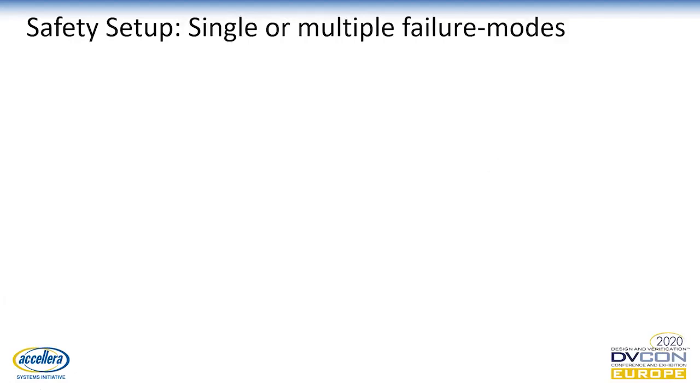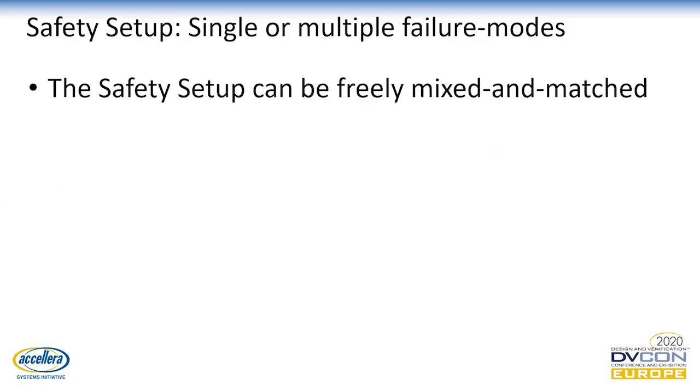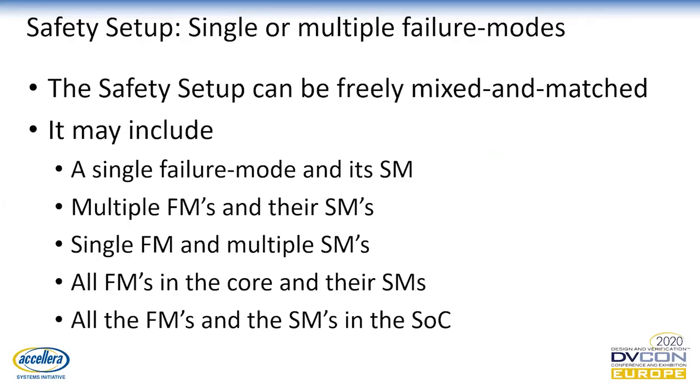The safety setup we saw just now can be more complex. It can be single or multiple failure modes. The safety setup can be freely mixed and matched. It may include one failure mode with many safety mechanisms, multiple FMs with single safety mechanisms, and all FMs in the core and their safety mechanisms.